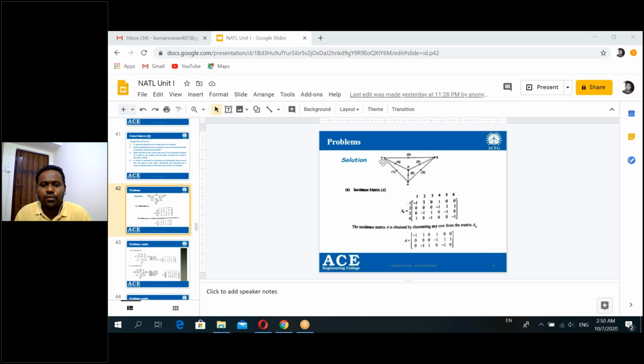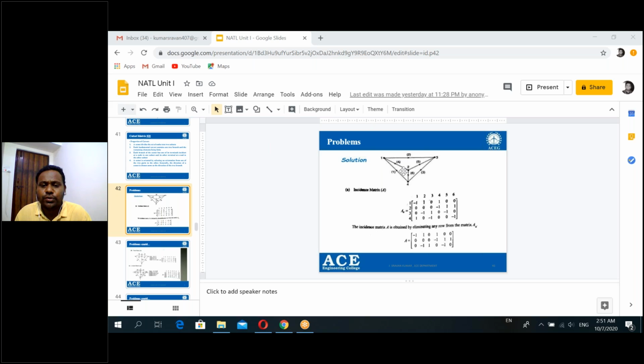Now see node 1. In node 1, branches 1, 4, 2 are connected. 2 and 4 are leaving from the node, that's why +1, and 1 is entering towards the node, that's why -1. All the remaining branches are not connected to node 1, that's why all zeros.